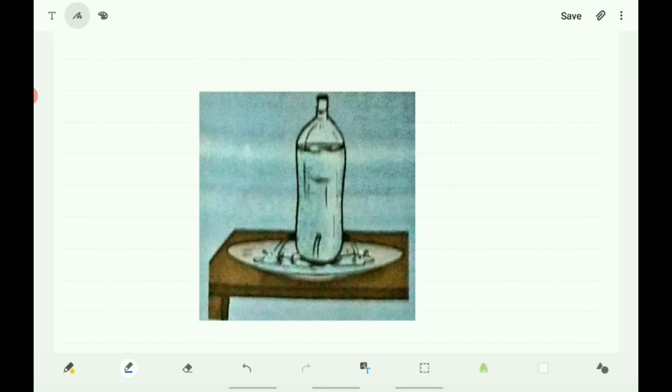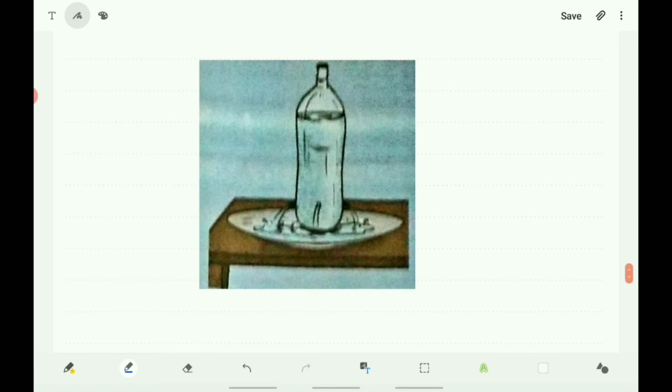So here you can conclude that water or liquid exerts pressure on the walls of the container, that is, on the bottom and also on all the sides of the bottle.